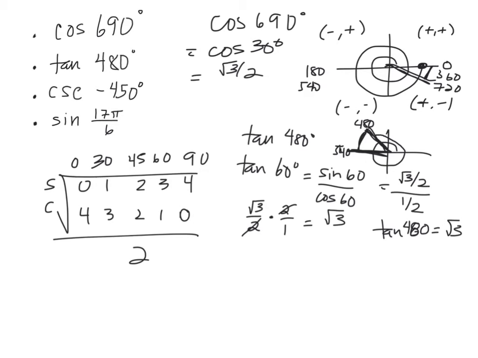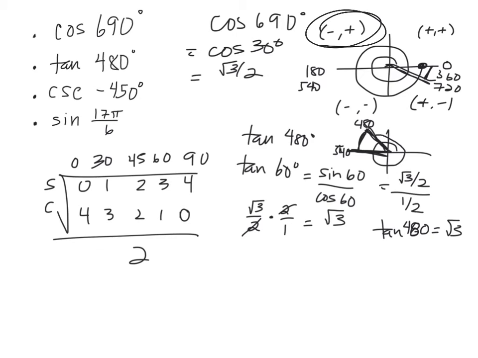But we didn't check for the sign. So don't forget that. Make sure you write that down. Do not forget the sign, because if I leave this as positive and the answer turns out to be negative, it would be wrong. So tangent of 480, we're in the second quadrant. In the second quadrant, cosine is negative, sine is positive.